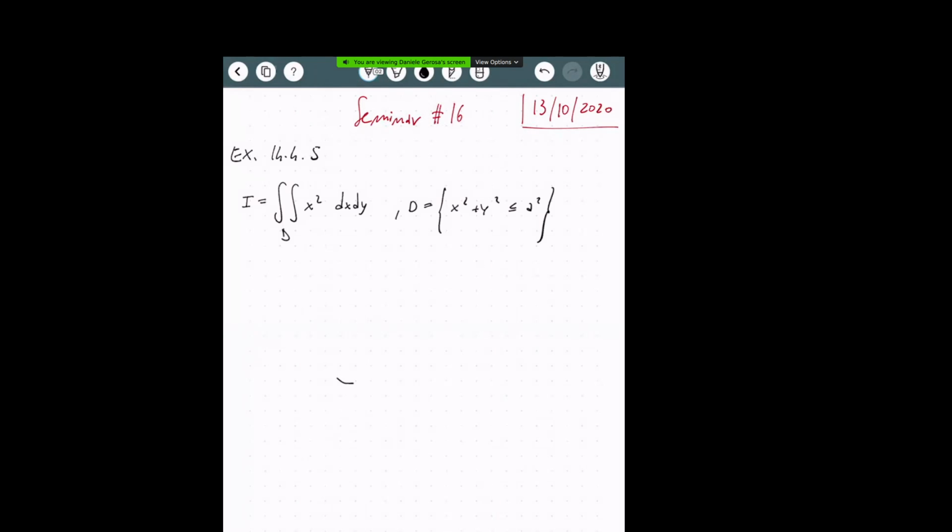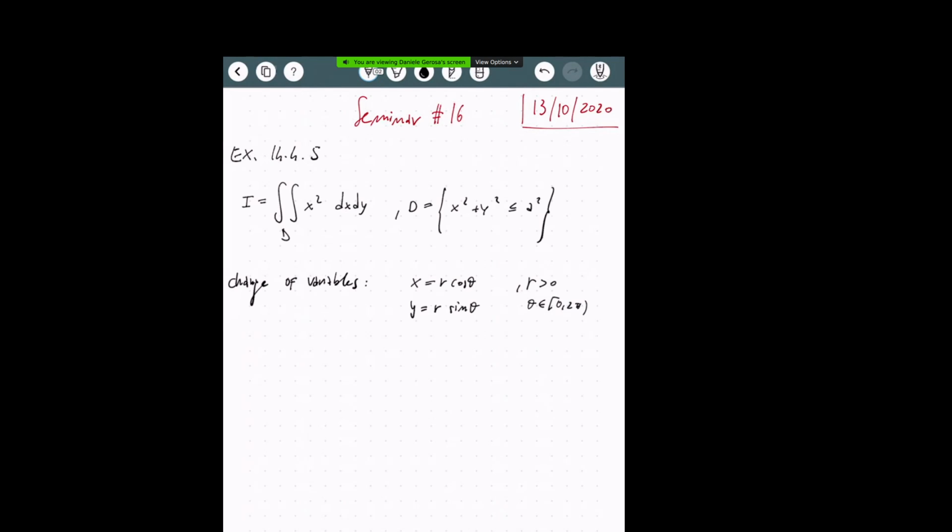So, changing the variables, you set as usual x equal to r cos theta, and y equal to r sine of theta. r is positive and theta belongs to 0 to pi. Right.